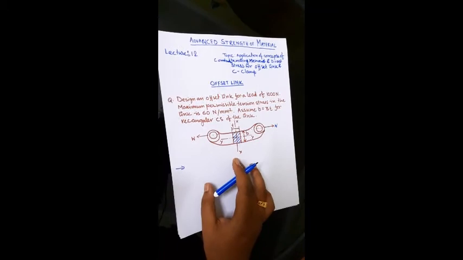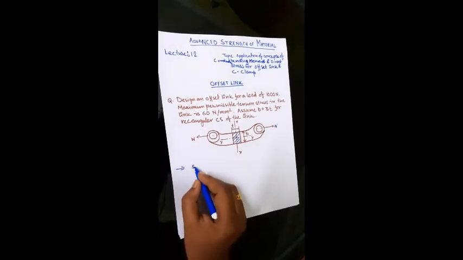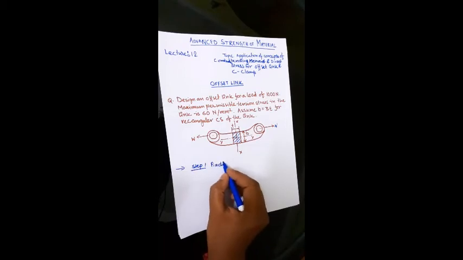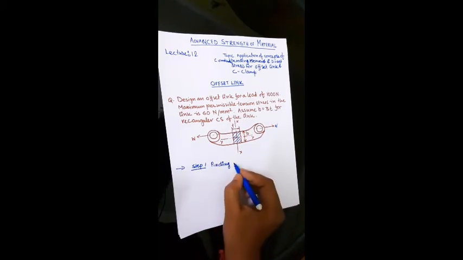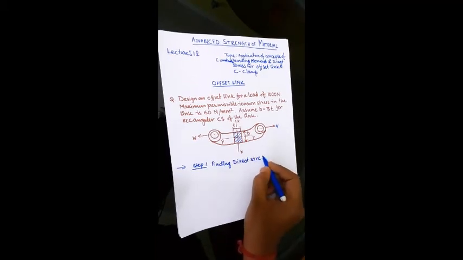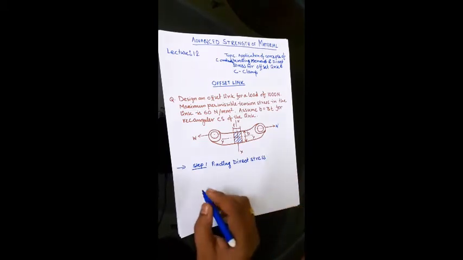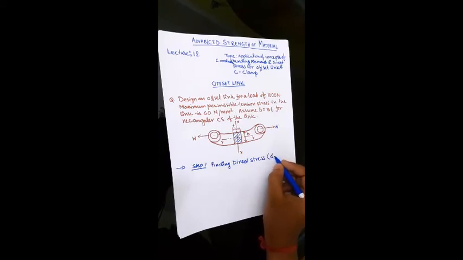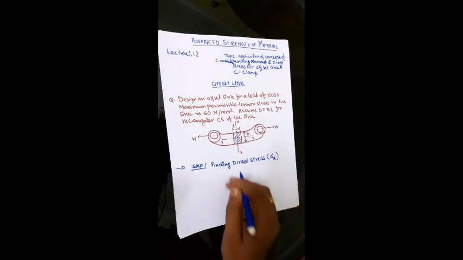So first, our step 1 will be finding direct stress. The direct stress is our sigma D. This sigma D value should be calculated first.